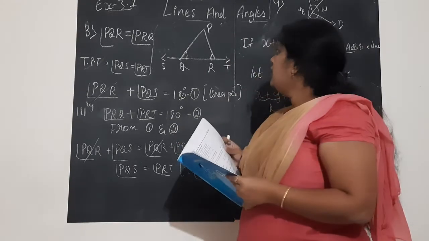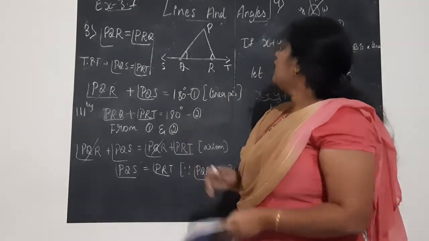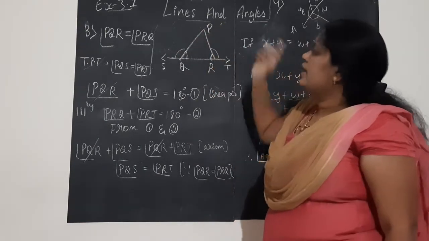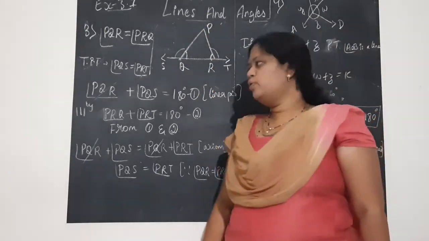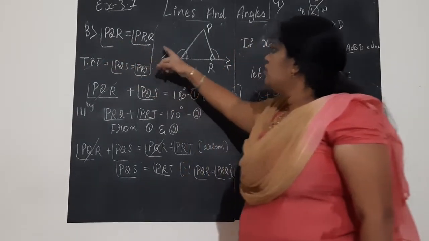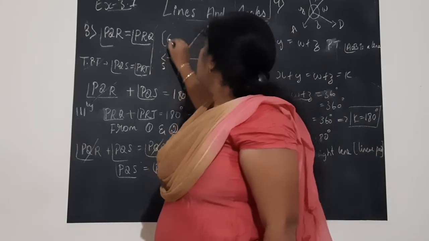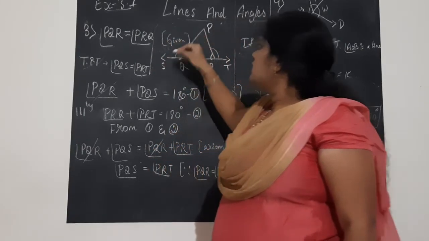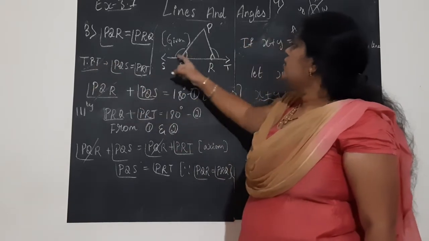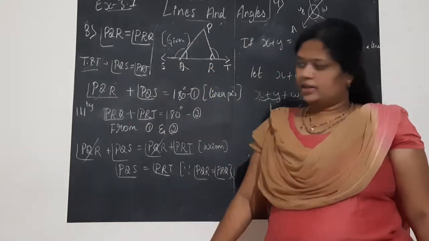Prove that PQS is equal to PRT, meaning this external angle PQS is equal to angle PRT. We need to prove it. Hope you understood the question. So given that angle PQR is equal to PRQ, you write the reason in brackets as given. To prove that PQS is equal to PRT.